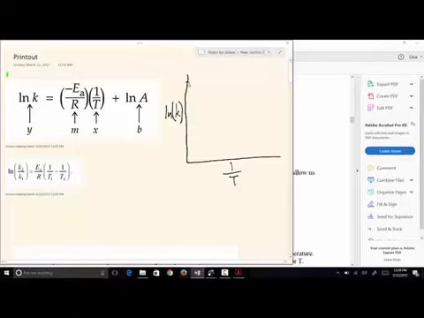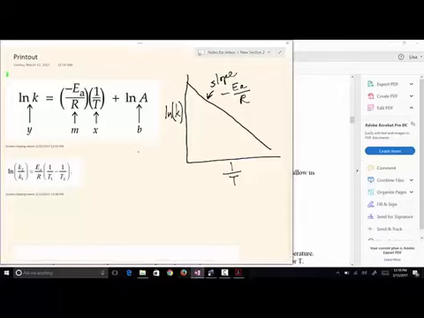And what Arrhenius says is that when I plot natural log of the rate constant versus 1 over the temperature, I get a line, a linear relationship, where the slope is equal to the negative activation energy divided by R.